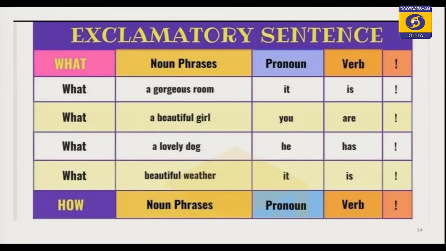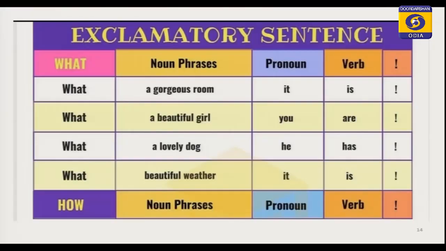Now come to the exclamatory sentences. The form, which we have already discussed in our last class, is that the sentence begins with what or how and ends with an exclamation mark, and generally the verb is at the end of the sentence.